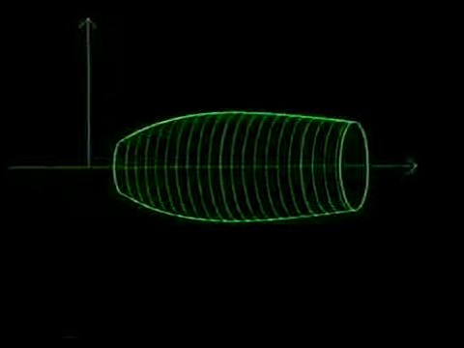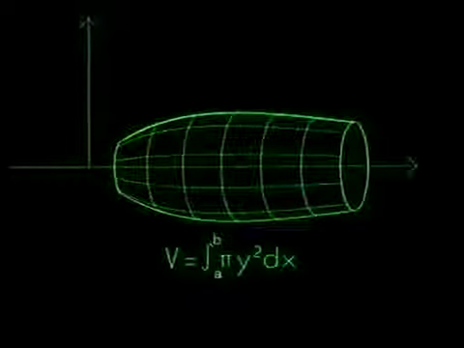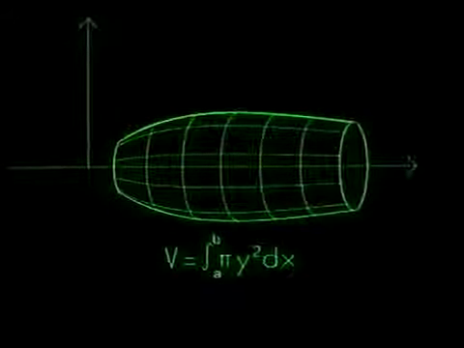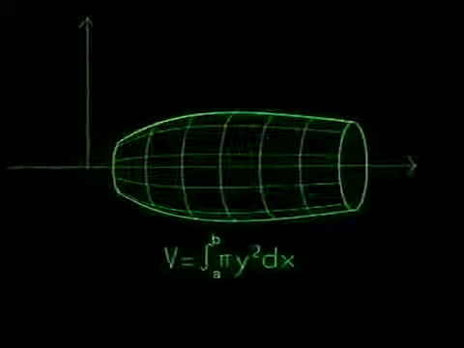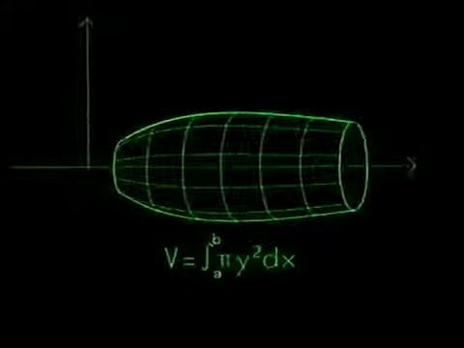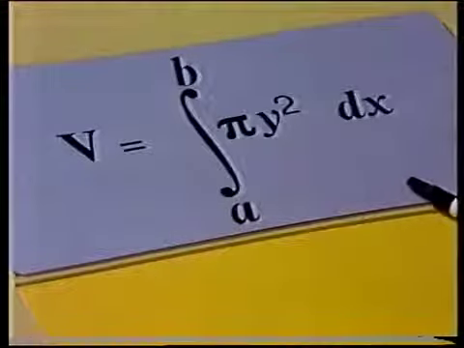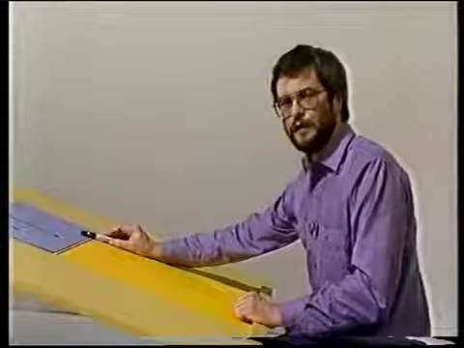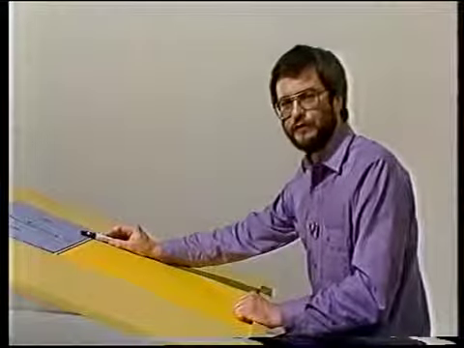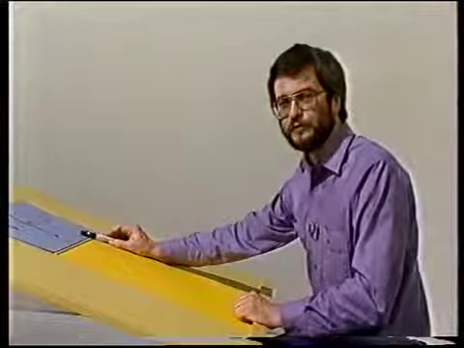And that limit is given by this integral. It's the integral between a and b of pi y squared dx. Here's the formula for the volume of revolution about the x-axis for a function y. It's the way you'd find it written down for easy reference, in your handbook, for instance.